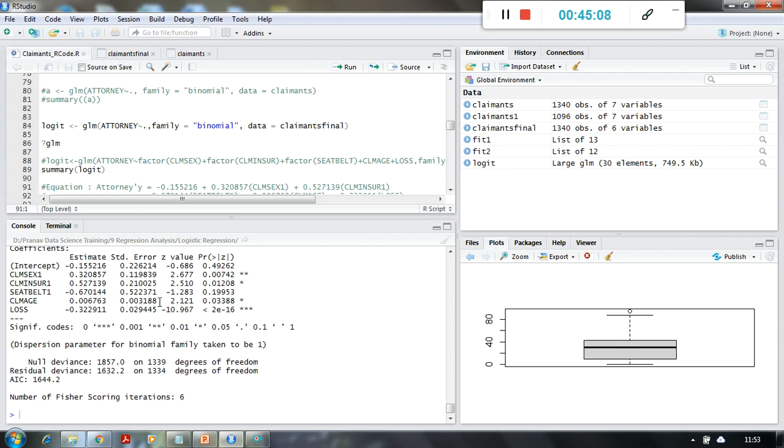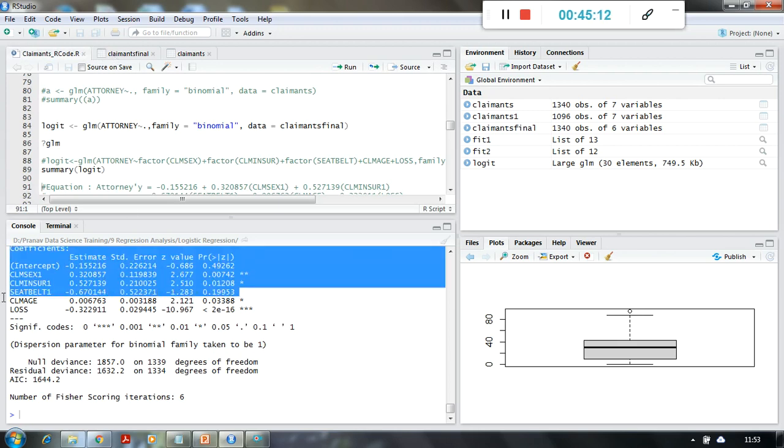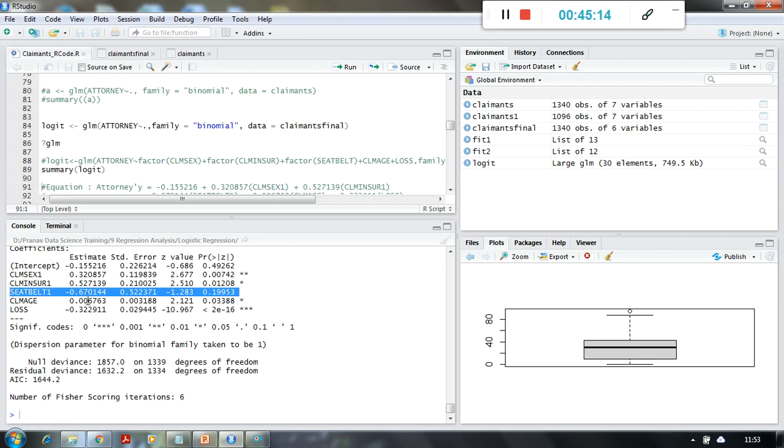That is why, when any variable is not becoming significant, the only option we are left with is to drop the variable. And that is why more observations, data points, or even columns are required when dealing with a categorical business problem, right? So one decision we have made from this is to drop the seatbelt column.